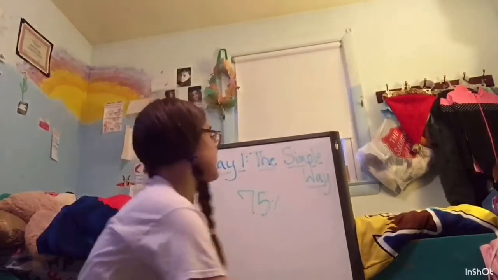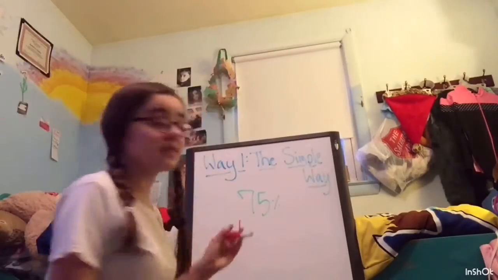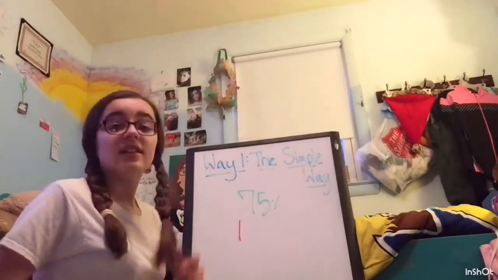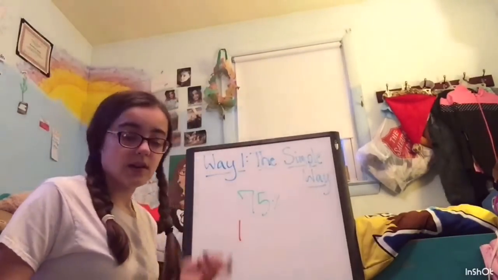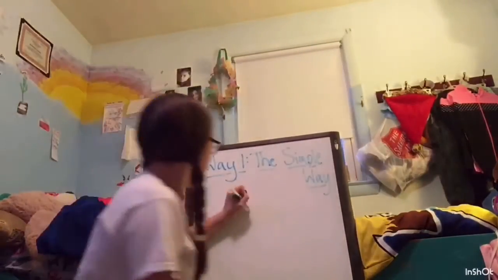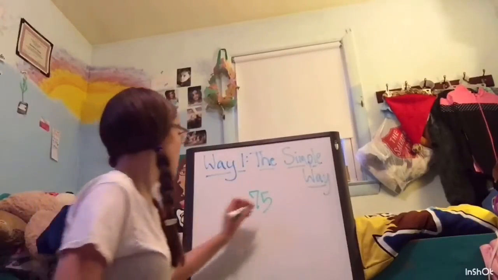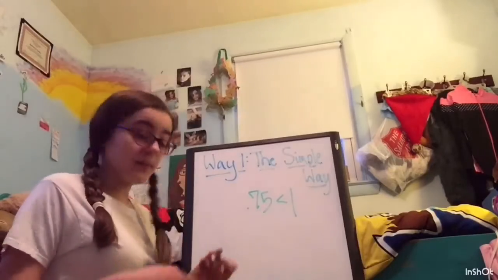Because 1 is the first whole number that we use using decimals or fractions, and 75 is over 1 if we use 75%, that wouldn't work. But if we made it hundredths, like 0.75, then that is less than 1. 0.75 is less than 1, which is good.